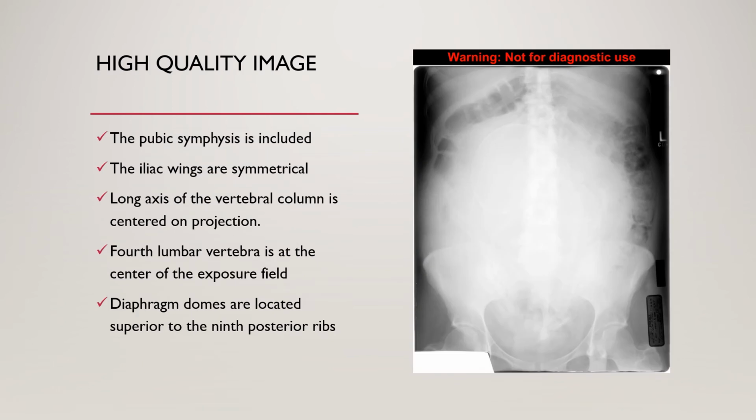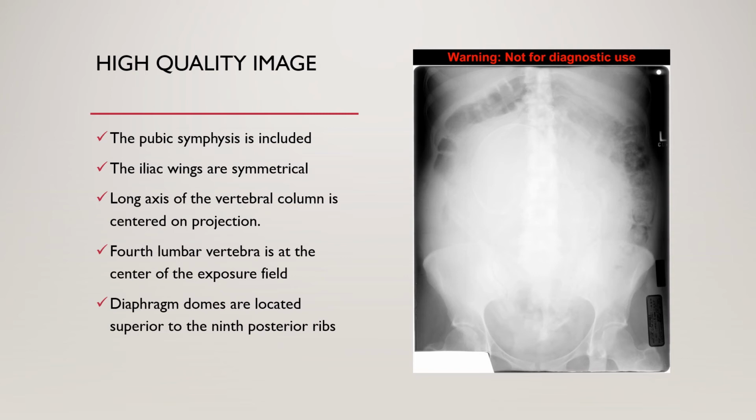And then we're going to talk about a high quality image. Now, this image was the only one out of our stock photos that I could find that looked like it fit the criteria. I know the technique isn't very good, but still the pubic symphysis is included. The iliac wings are symmetrical, they're in line with each other.